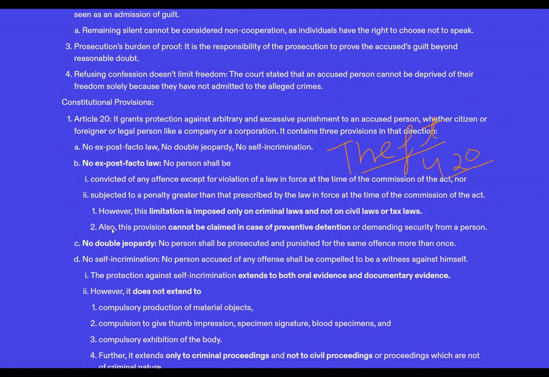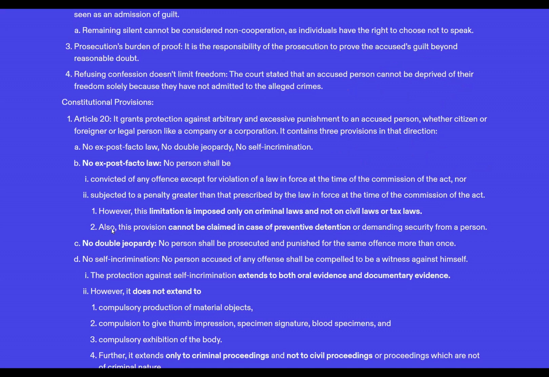If under IPC 420 the punishment is 4 years or 5 years, whatever it may be, then that person shall be subjected to 4 years or 5 years of sentence only, not more than that. It means what is prescribed by the law has to be followed in letter and spirit. That is very, very important. So this is the ex post facto law clause.